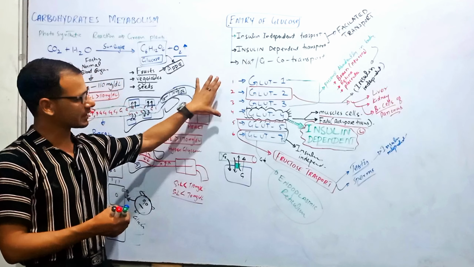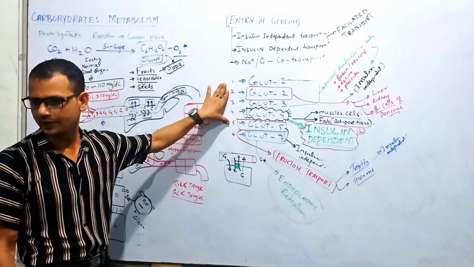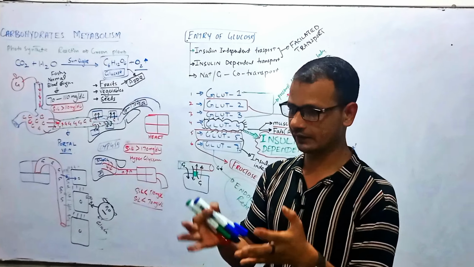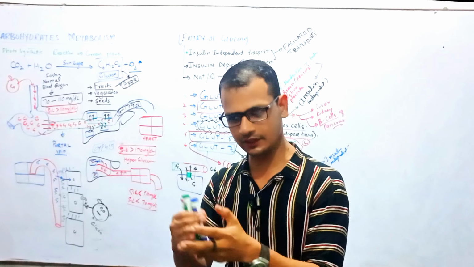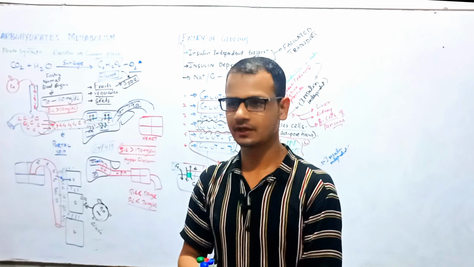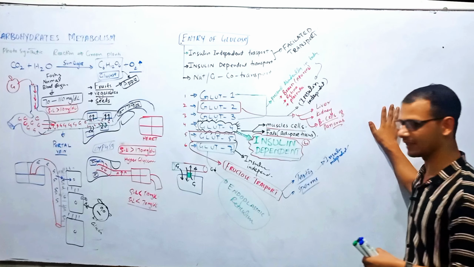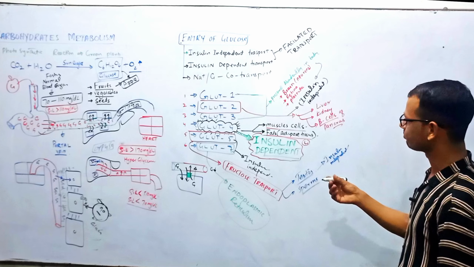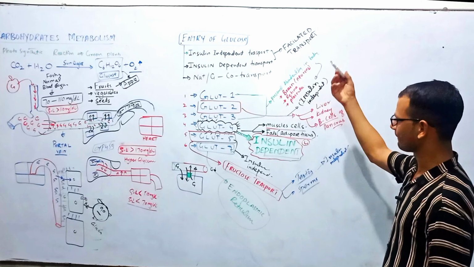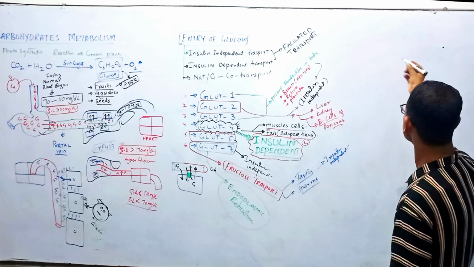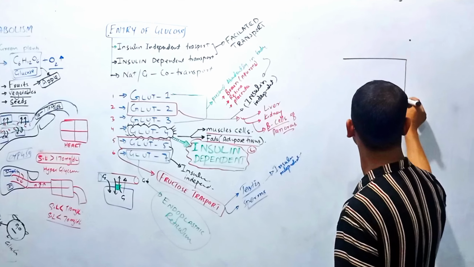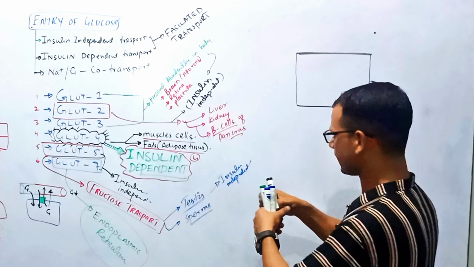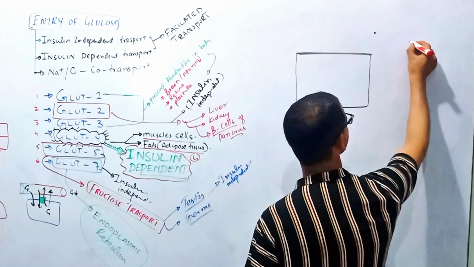What will be the structure of these transporters? What is the difference between the structure of the insulin dependent transporters and the insulin independent transporters? So we are taking a cell here. For example, I am taking one cell from the brain, or from the retina or placenta, but generally, for example, this is a cell, and here I have blood.